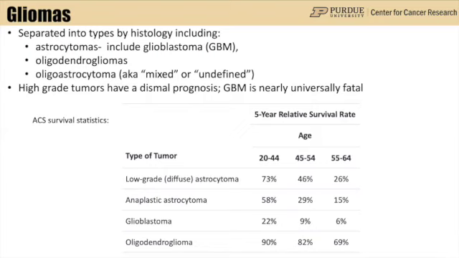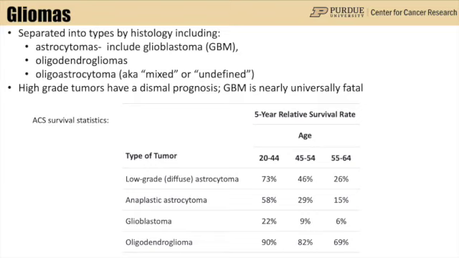So in addition to the astrocytomas and oligodendrogliomas, there's also another category that you can read about in the literature and that is present in the data that we've looked at, called oligoastrocytomas, otherwise known as mixed or undefined gliomas. Unfortunately, it's important to note that high-grade tumors have a truly dismal prognosis.